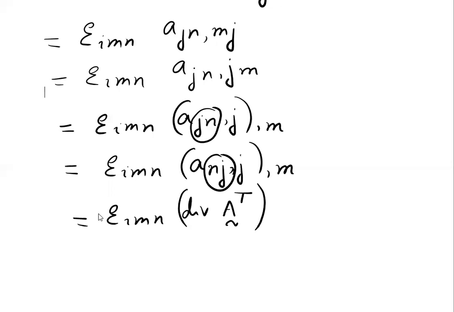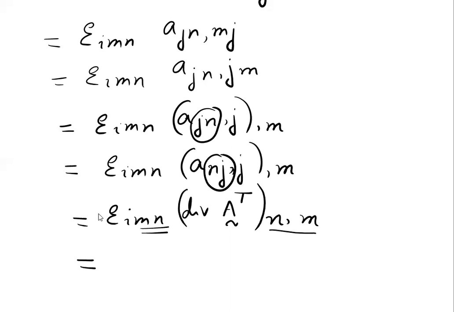Divergence of A transpose, right? Which component? It is the nth component, as it is. Now watch. See, you have epsilon Imn, and you have some vector here; divergence of a second order tensor is a vector, right?